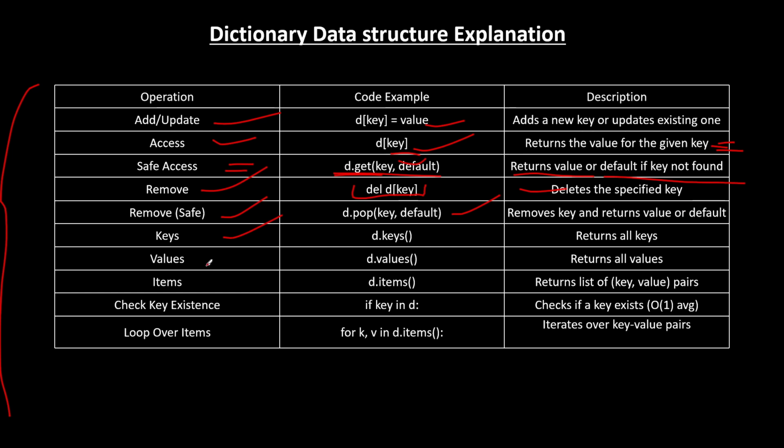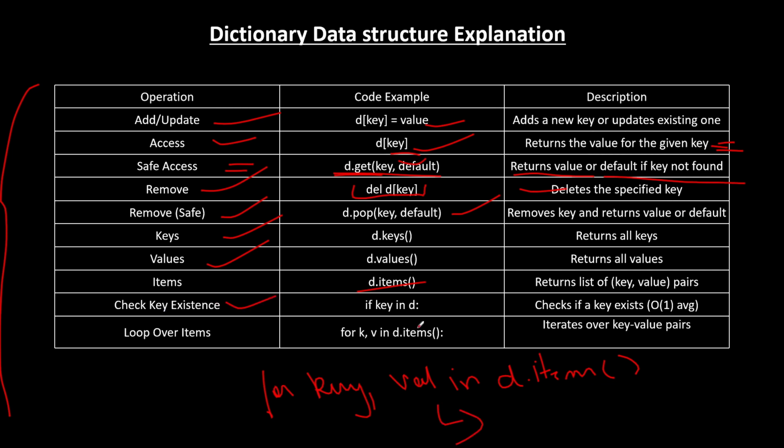Accessing the keys, accessing the values. If you are using items, then in a for loop, if you write for key, value in d.items(), you could directly get keys and values through iteration, right?